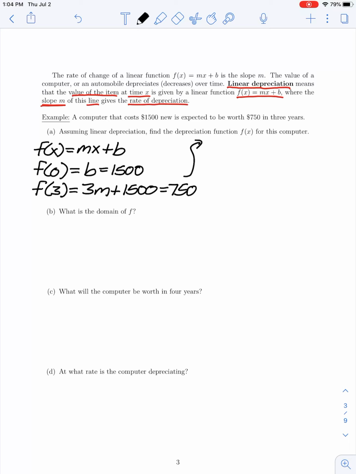Subtracting 1,500 from both sides of this equation, we have 3m equals negative 750. So m is negative 750 divided by 3, which would be negative 250. So our function, f of x, modeling the value of this computer over time, is given by negative 250x plus 1,500.